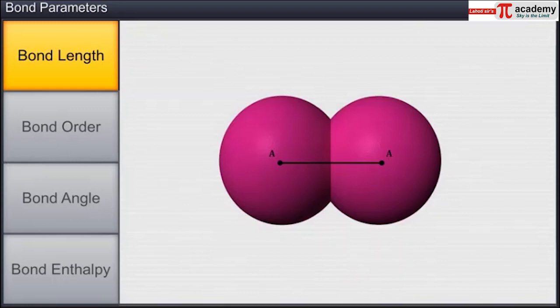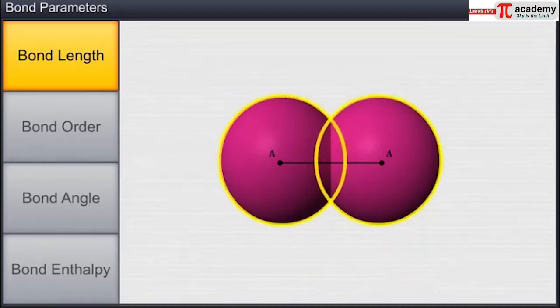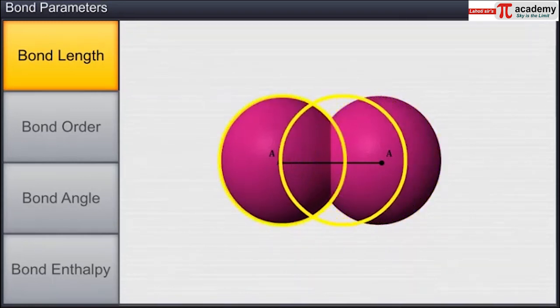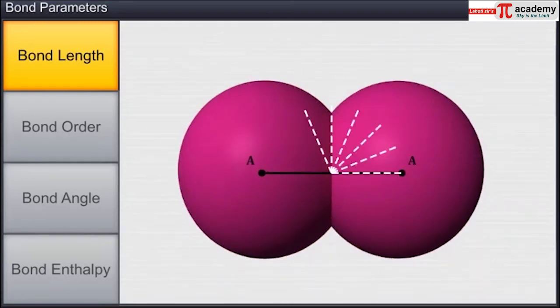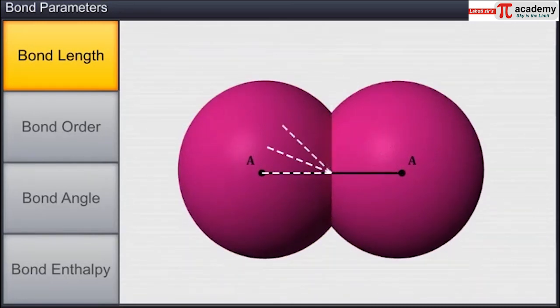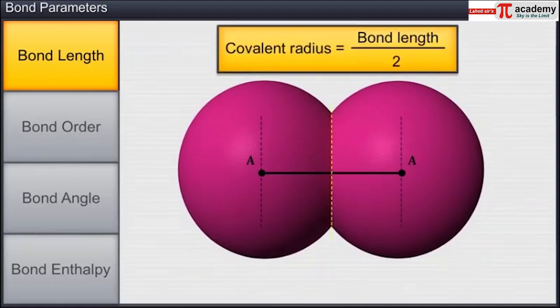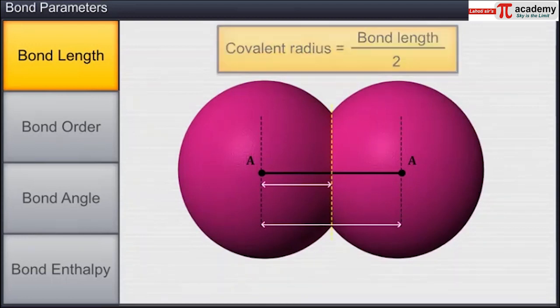In a molecule containing similar atoms, the size of the atoms is the same. Hence, their radii will be the same.